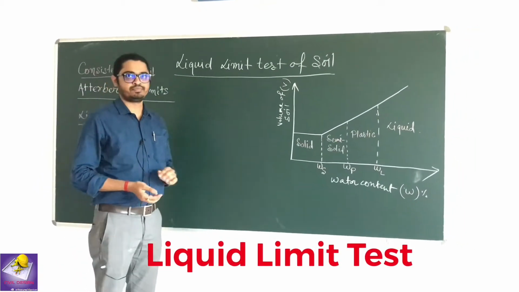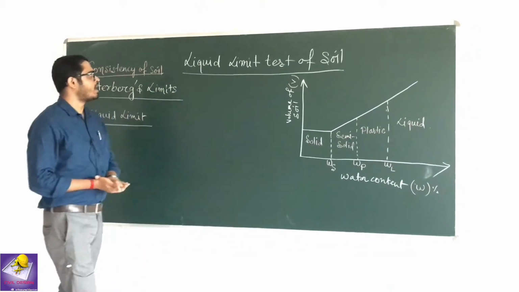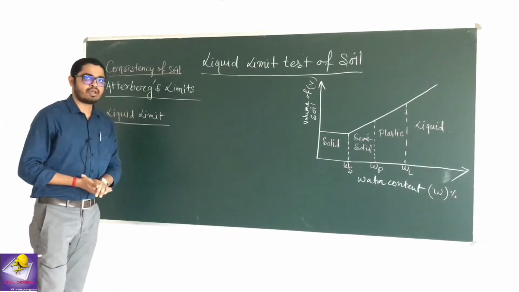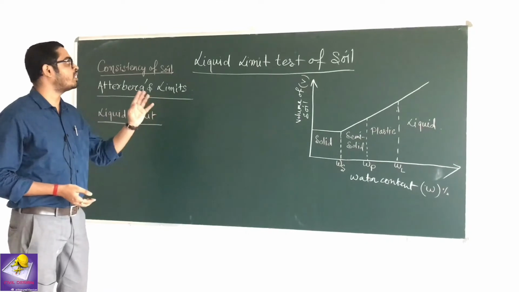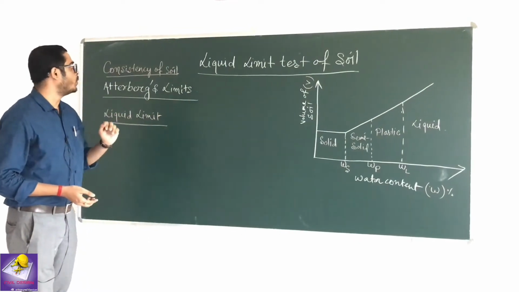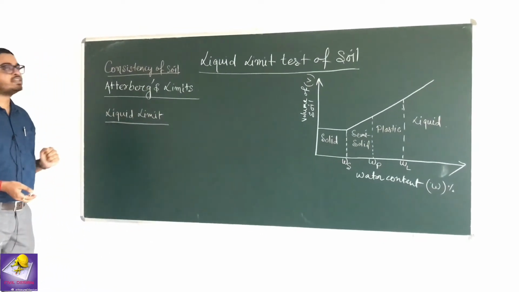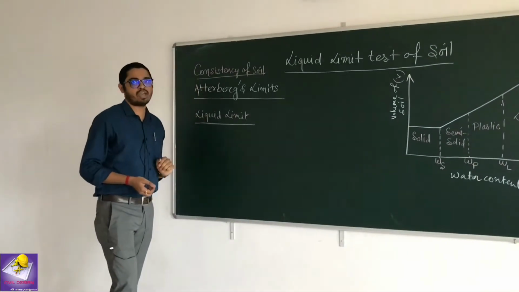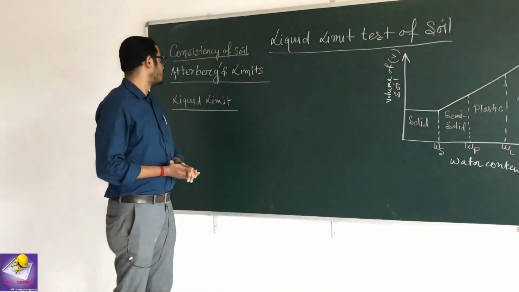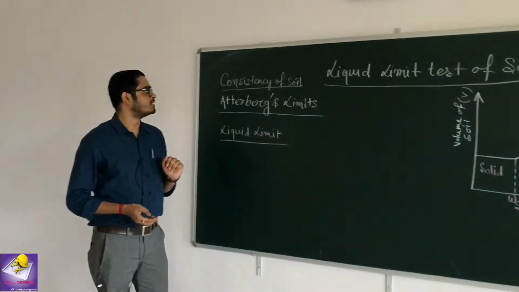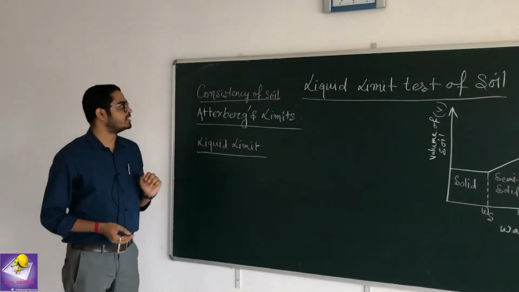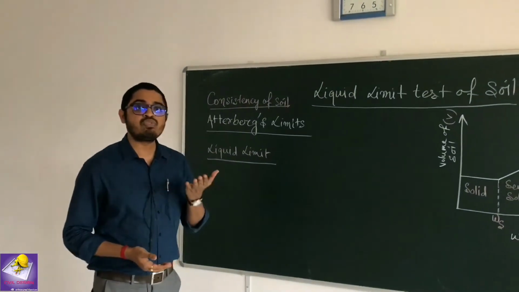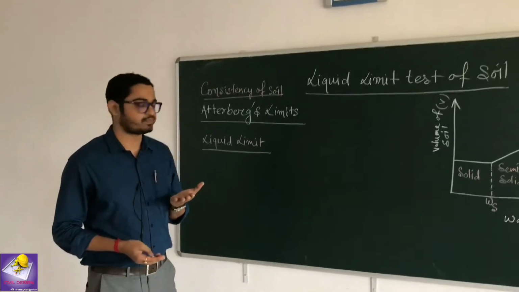So at first we have to know what the liquid limit is. But before knowing what the liquid limit is, we have to become familiar with some terms, that is, what is the consistency of soil. Scientist Atterberg says that the consistency of soil is basically the flowability of soil.